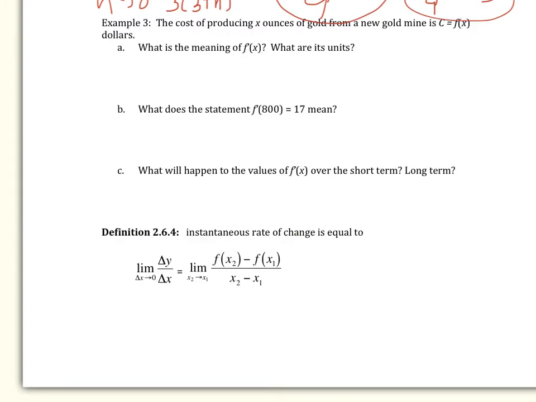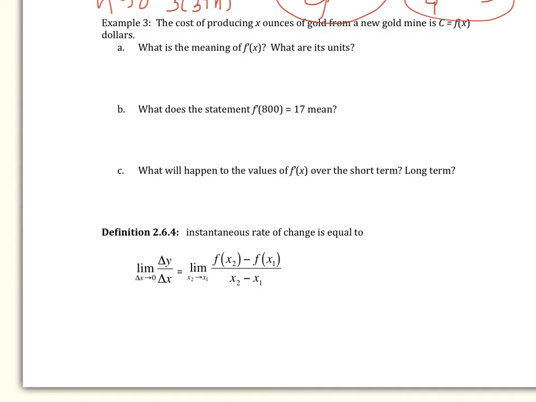And then slowly we're going to start to lose profit because eventually we're going to have to dig deeper and deeper and deeper into the mine in order to mine the gold. And so it's not going to be as cost effective to continue. We kind of have to determine that special number where it's time to be done producing gold. So in this first case, it says, what is the meaning of f prime and what are the units? Well, for this scenario, f prime, again, is an instantaneous rate of change.